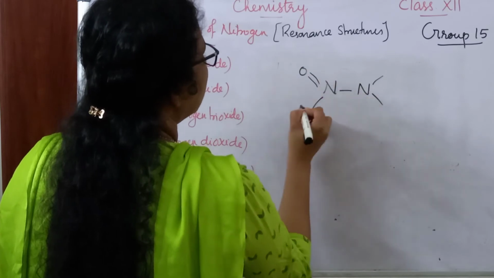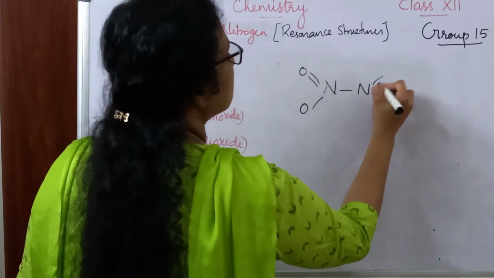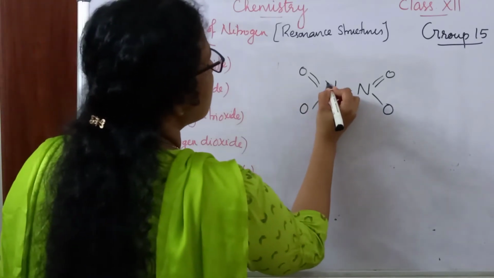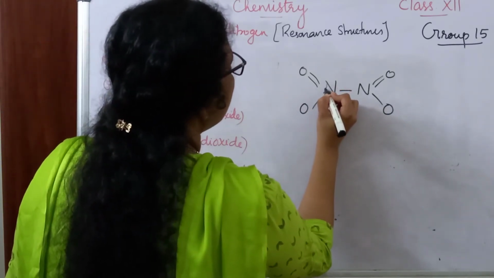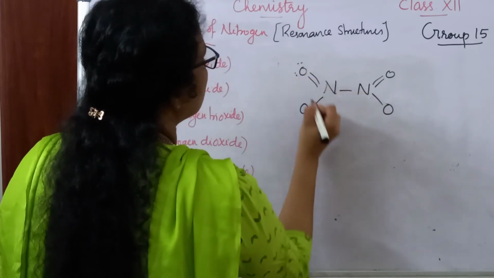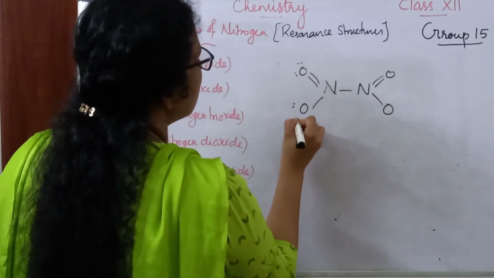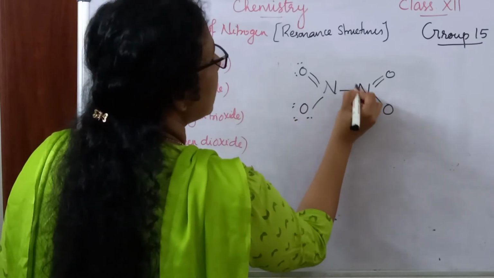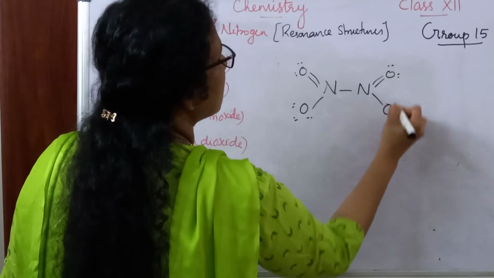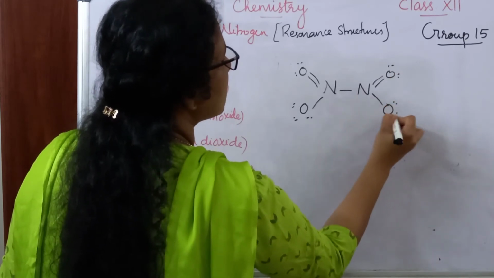One will be a double bond, the other will be a single bond. Here also we need to check whether it satisfies octet. So this N 2, 4, 6, 8. Here 2, 4, 6, 8. Here 2, 4, 6, 8. This nitrogen 8. This oxygen 2, 4, 6, 8. Here 2, 4, 6, 8.